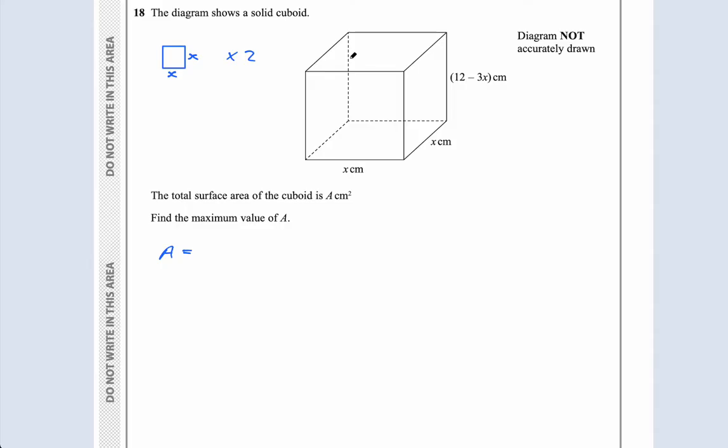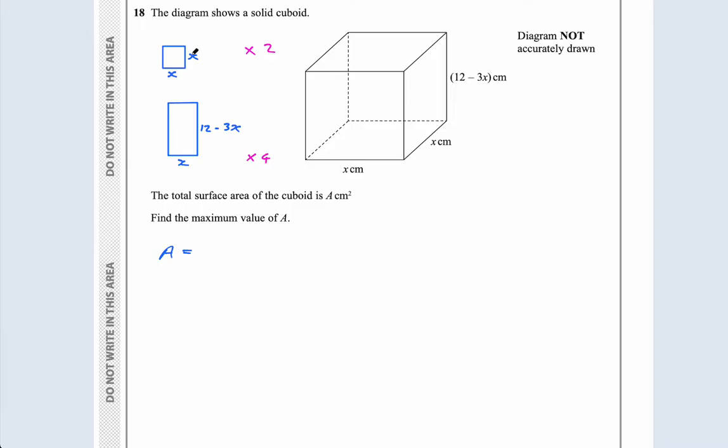And then, because it's a square-based cuboid, the side of the cuboid has 12 minus 3x times x, this times this. And there's 4 of these.